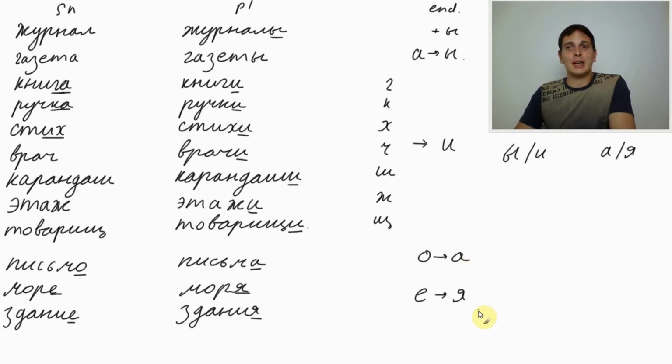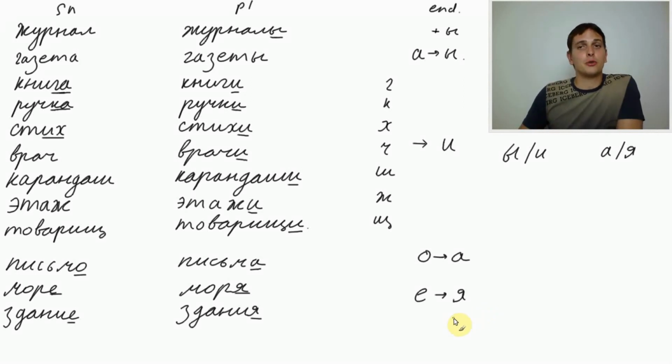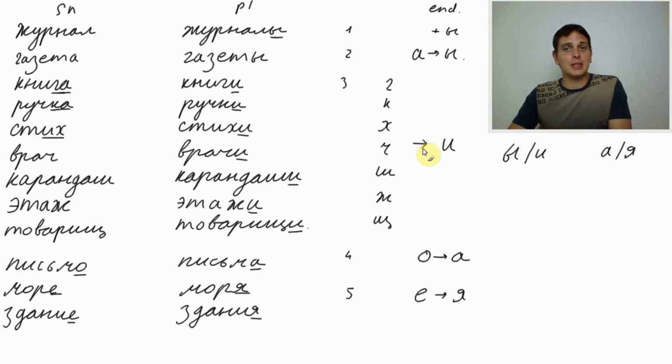Both rules, both endings. And I suggest you write this table down, because we will strictly follow this for the next 1, 2, 3, 4, 5 lessons. So I divided the lessons into: first one, the ending Ы; second one, the ending changing from А to И; third one, our spelling rule, Г, К, Х, Ч, Ш, Ж, Щ. We are only allowed to write И after these, if we need to choose between Ы and И.